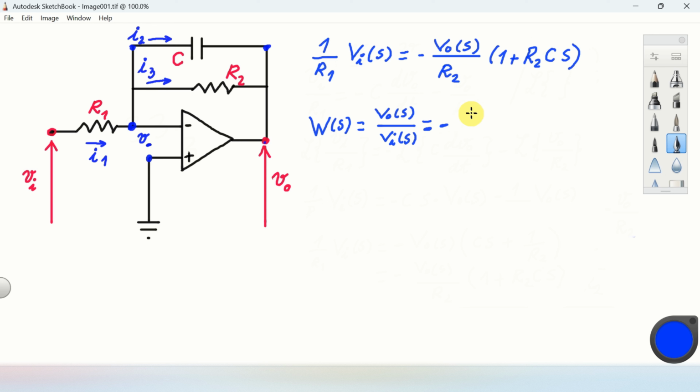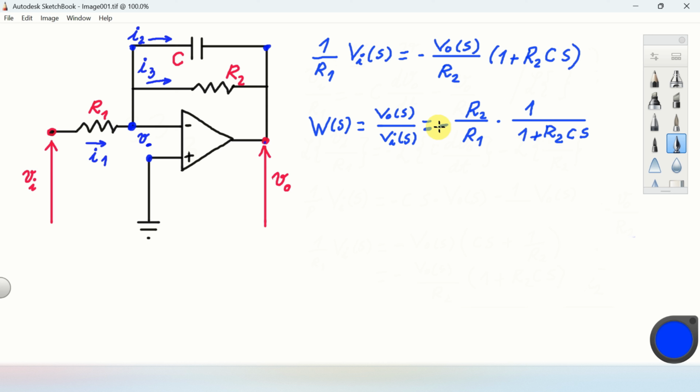So we have minus R2 over R1, multiplying 1 over this term over here, 1 plus R2 CS, and that's it. This is the transfer function of our low pass filter, and we can leave it as it is.